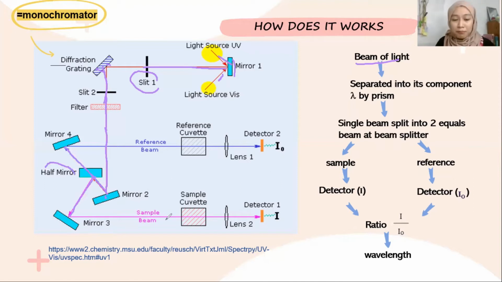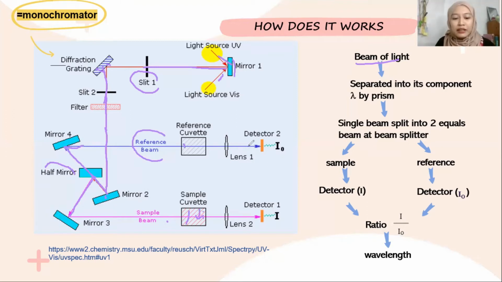The first beam is the sample beam. The sample beam passes through a transparent container, which is a cuvette, containing a solution of the compound being studied in a transparent solvent, while the other beam, which is the reference beam, passes through an identical cuvette containing only the solvent.